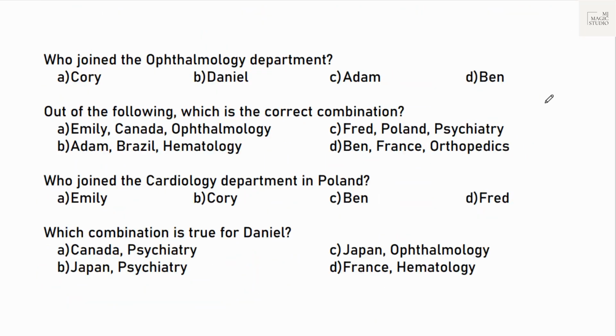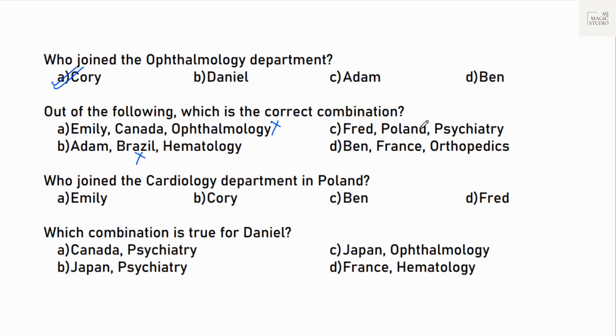So now these are the 4 questions which follow, which we think you can do in no time. Who joined the ophthalmology department? It was joined by C, Corey. Out of the following, which is the correct combination? E is Canada with ophthalmology? No, it is with nephro. A, Adam is going to Italy.